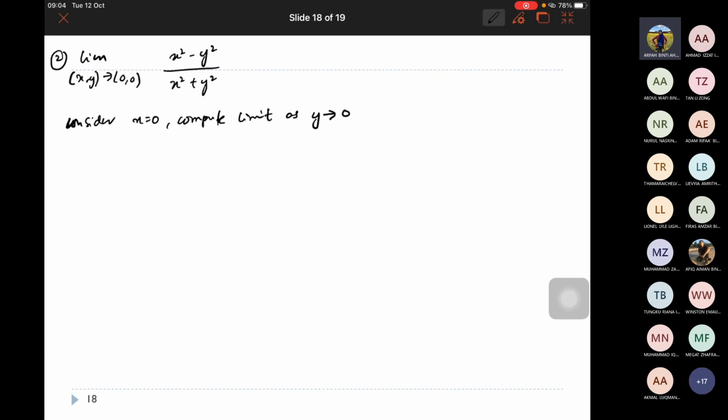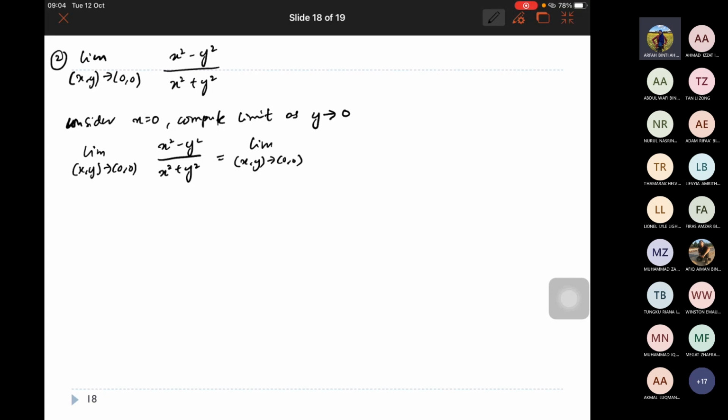So from here we look at the limit of x, y approaching 0 of x squared minus y squared divided by x squared plus y squared, which equals the limit of x, y approaches 0, with x equal to 0.